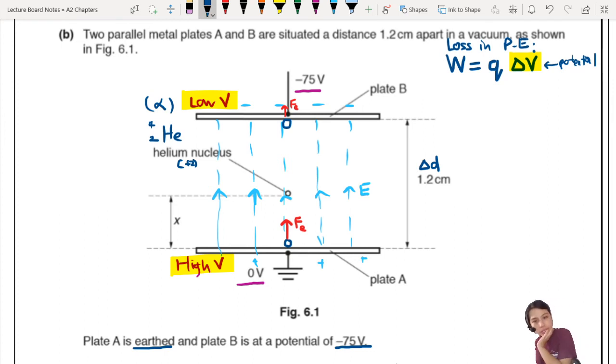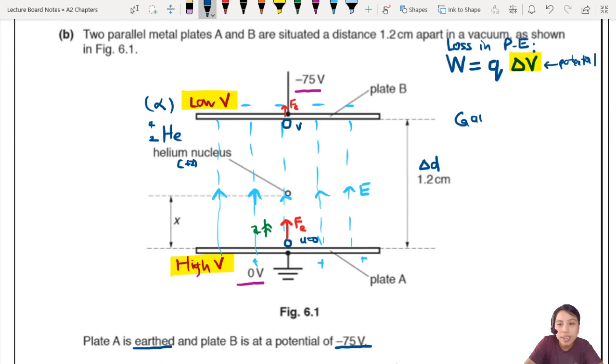Then what else is changing? Kinetic energy. You start off from rest, so u equals 0. At the end you have some final speed v. The force is pulling it up, so it is accelerating in this direction, which means getting faster.